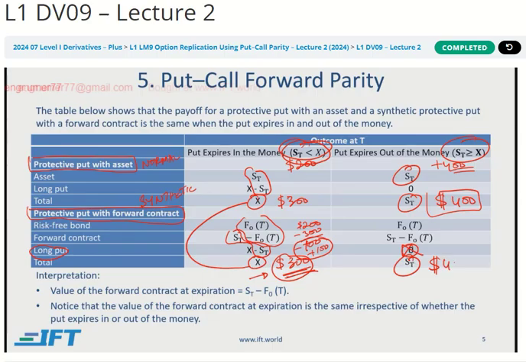So your worth will be $400, where F is cancelling F and you're left with ST, which is the same in both scenarios. So now we know that a normal protective put is the same thing as the synthetic protective put as well.